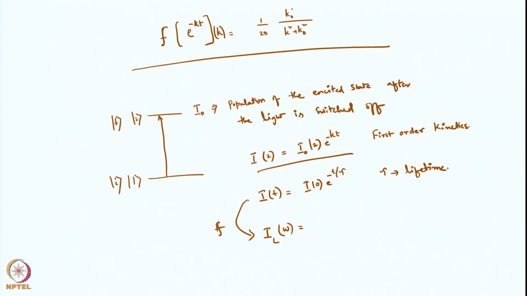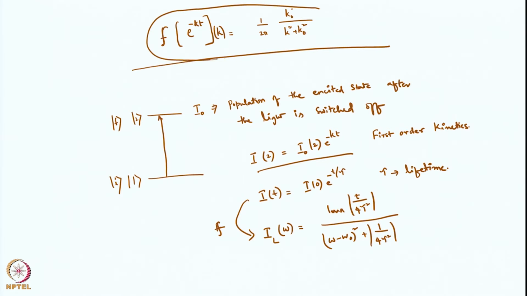Then I Lorentzian of omega is I max times 1 over 4 tau square divided by omega minus omega naught square plus 1 over 4 tau square, modulus. This is not very difficult; you can use this formula and plug it in here and you will be able to get this.